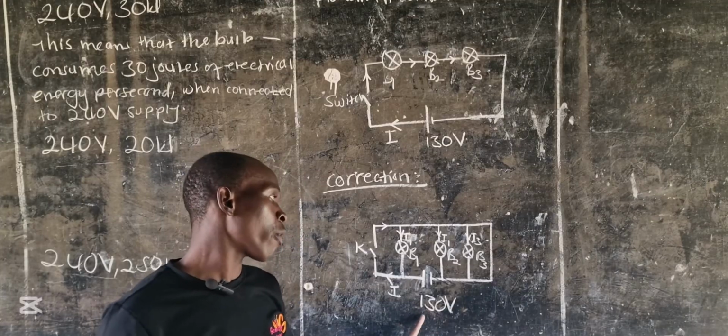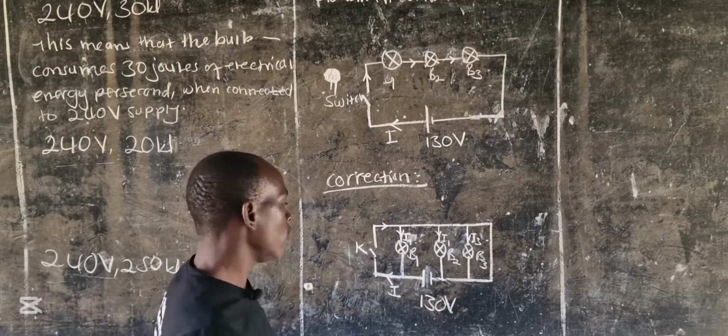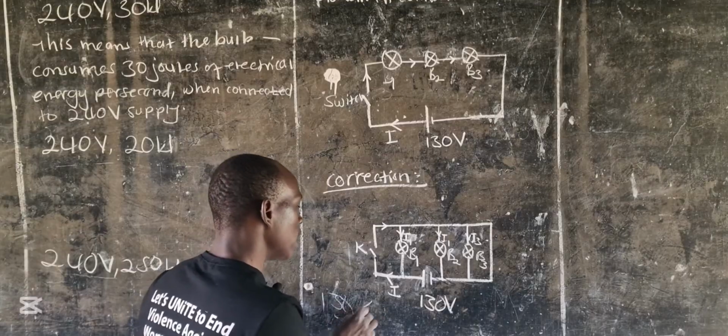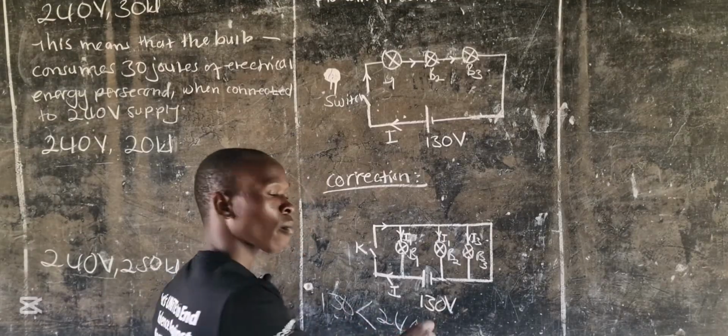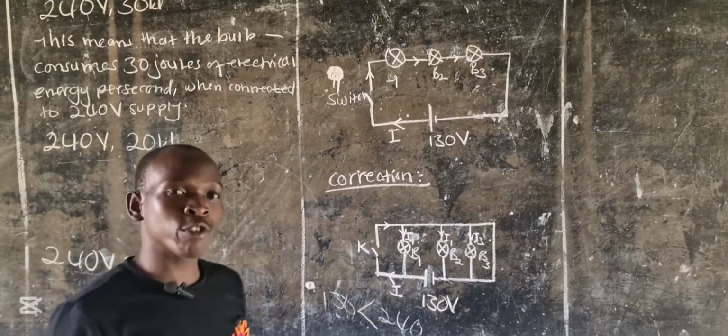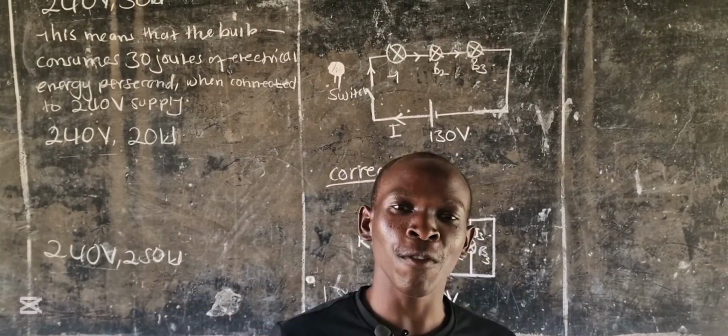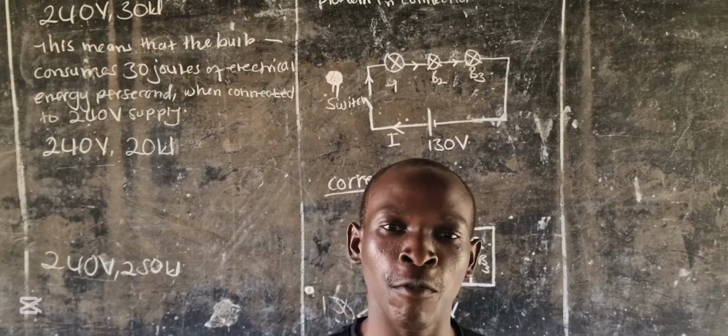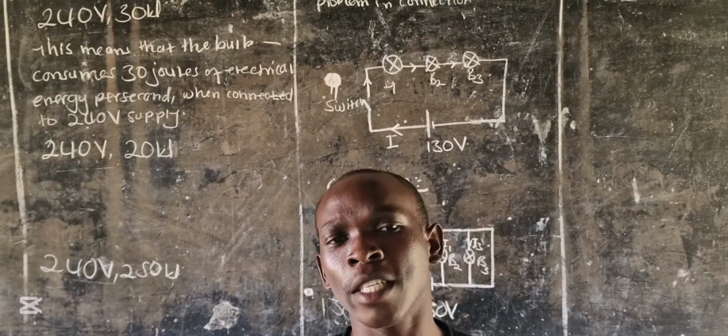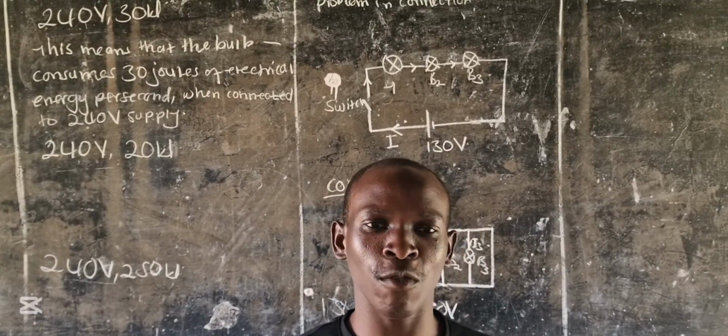Now, we already have 130. This 130 is less than 240. That means we need a transformer that will step up this voltage from 130 to 240. But remember, in transformers, we have two types of transformers.